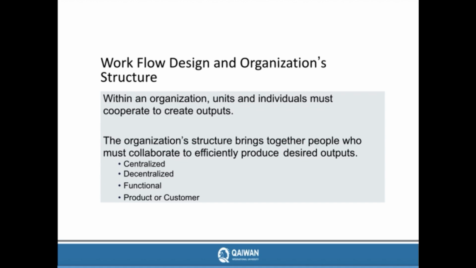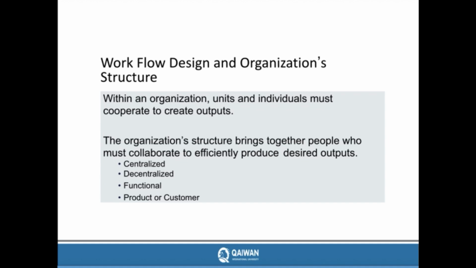So an organization needs something to connect all these people and activities in a clear way. This is what we call the organizational structure. Structure means how we arrange people, jobs, and departments so they can collaborate effectively.